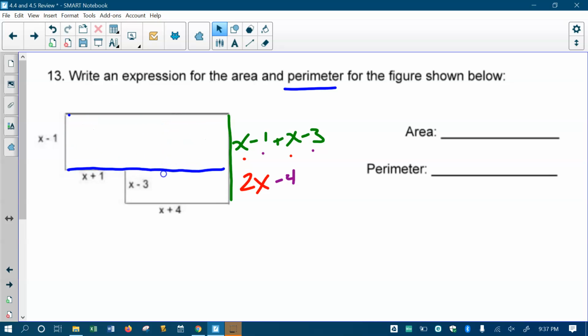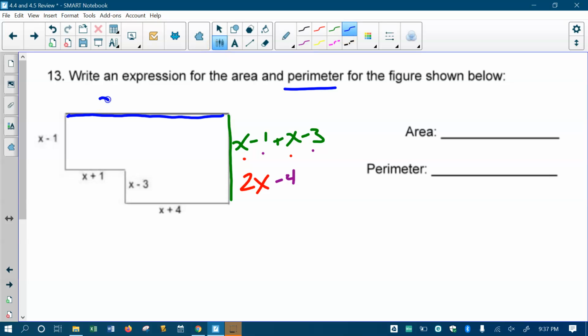It's going to be an x plus 1 and an x plus 4. Okay, so the blue line will be x plus 1 plus x plus 4. And again, if I add up the x's, I get 2x. Add up the numbers, and I get 5, plus 5.